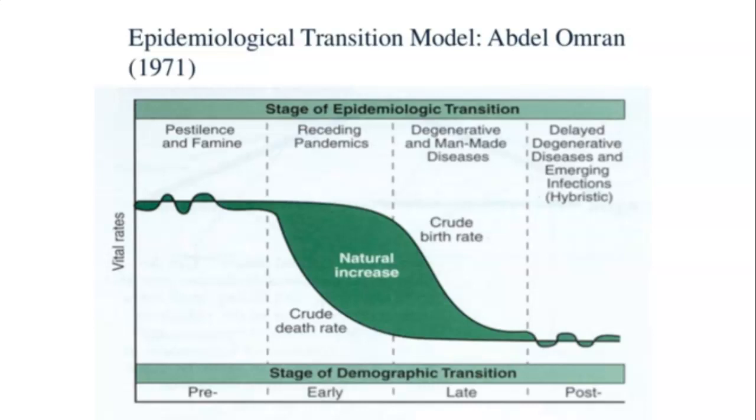They're very much connected. So as I'm talking about each stage of demographic transition, I'm also going to be talking about the stage of epidemiological transition that it's going through. So here we go.